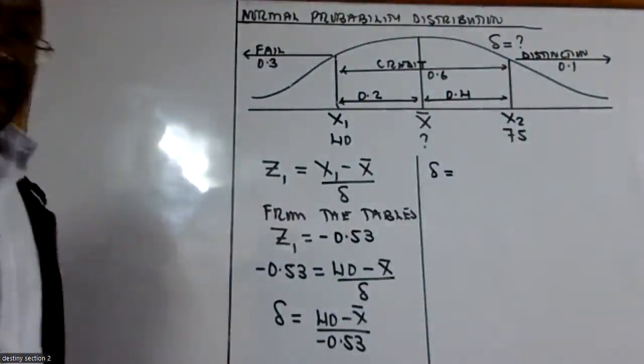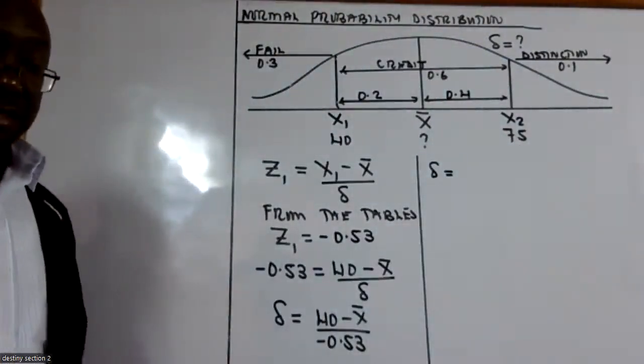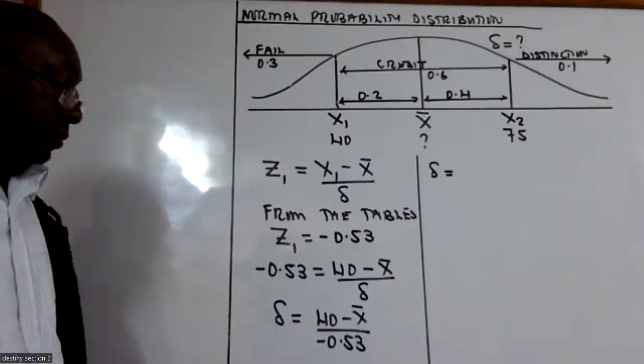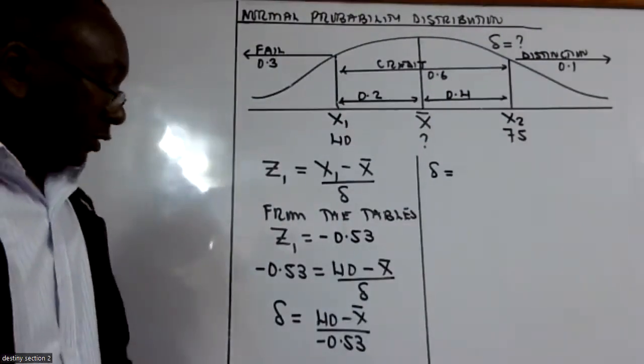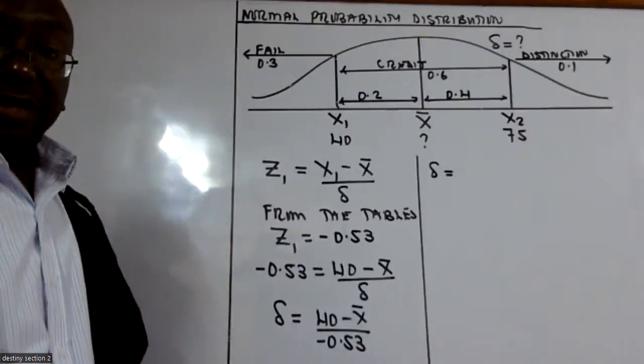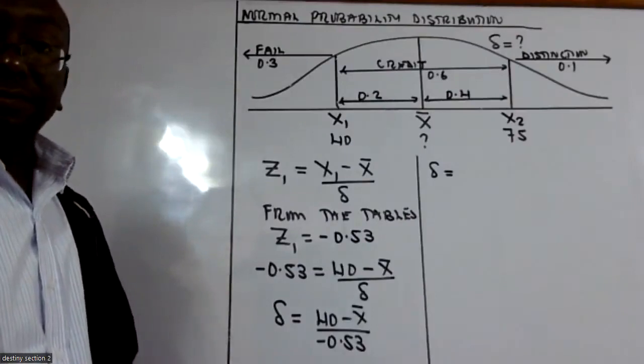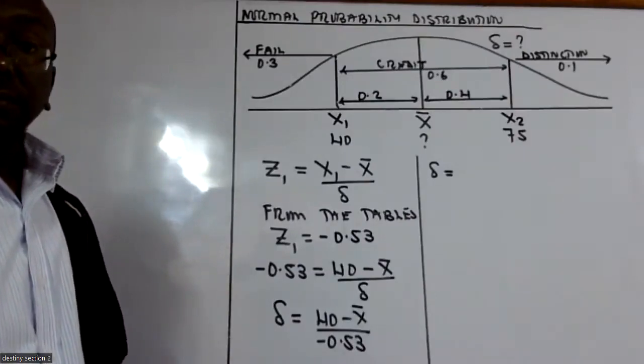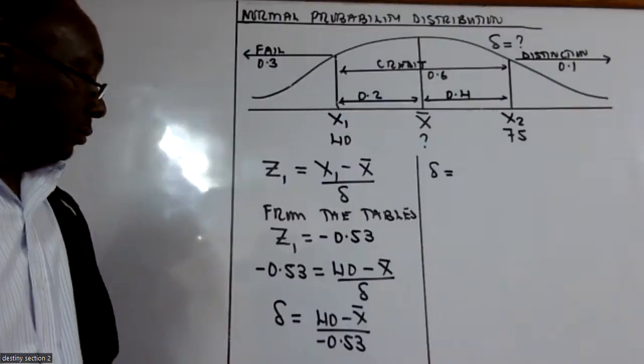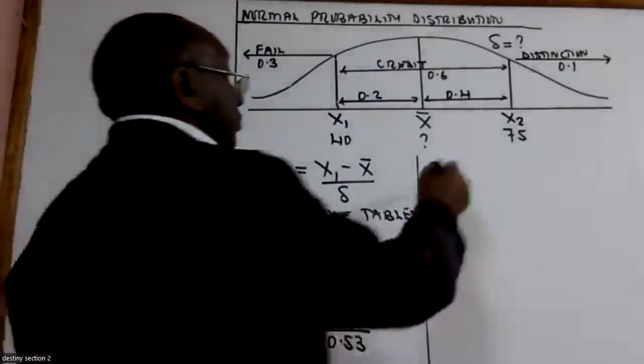40 divided by minus 0.53 is what? 40 you divide by minus 0.53, you get 75.47.